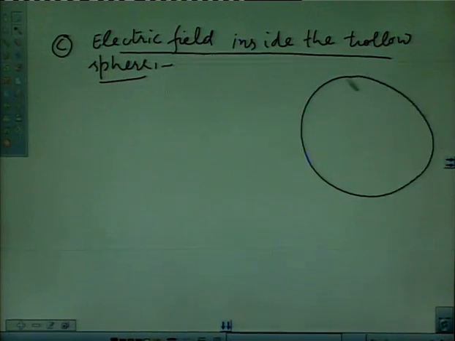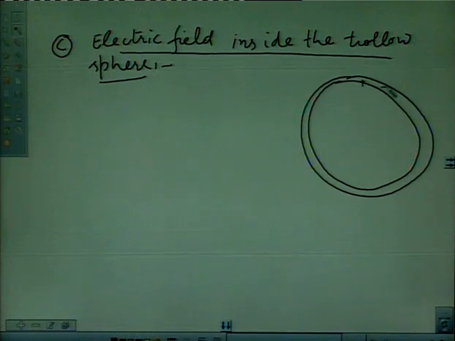Again we draw the diagram. The positive charge is distributed uniformly, the radius is r.